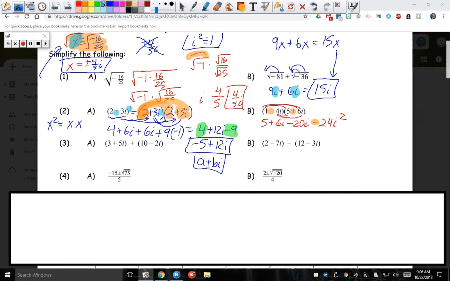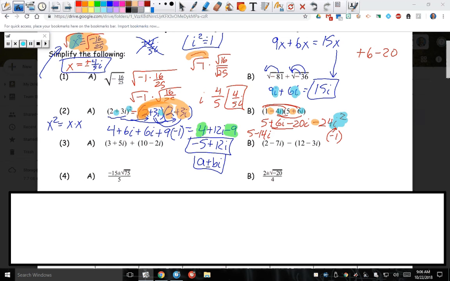And the other common mistake people forget is i times i would give you i squared, which we know is negative 1. So if I were to substitute that in, it's really saying 5, a positive 6i minus 20i, which is going to be a negative 14i.